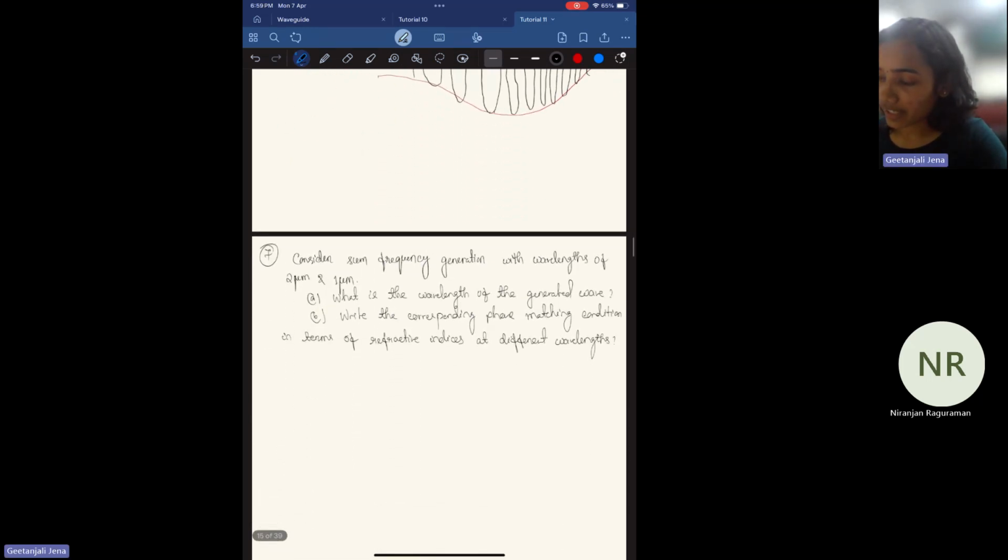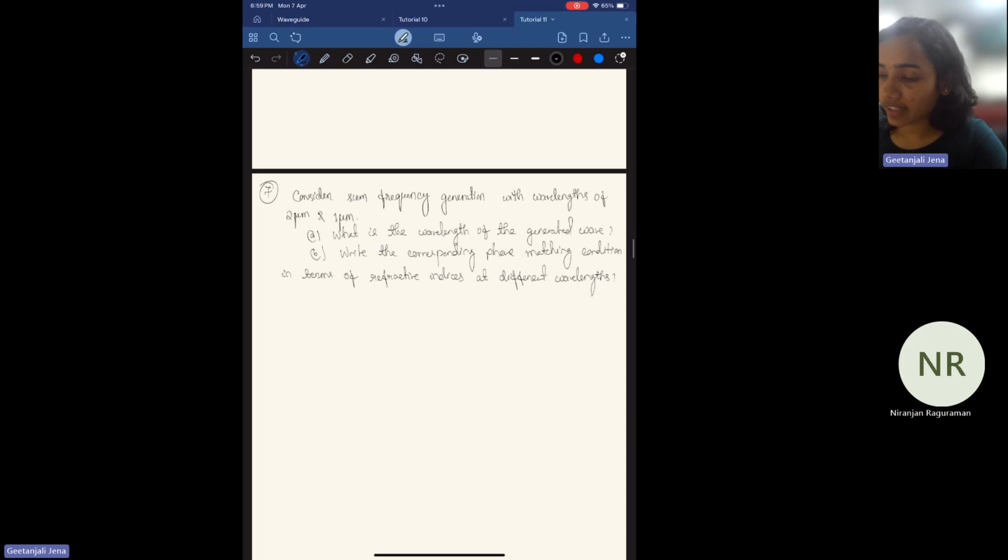Let us move to our next problem, which is related to sum frequency generation. Please go through the question once. The question says: consider a sum frequency generation with wavelengths of 2 micrometer and 1 micrometer.